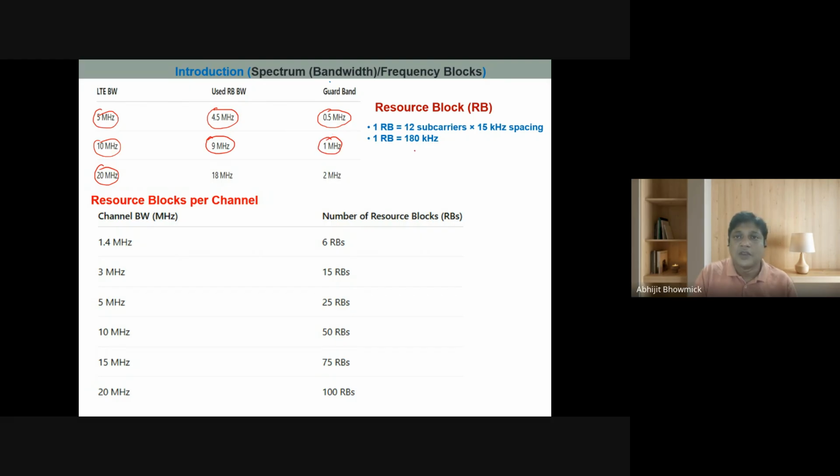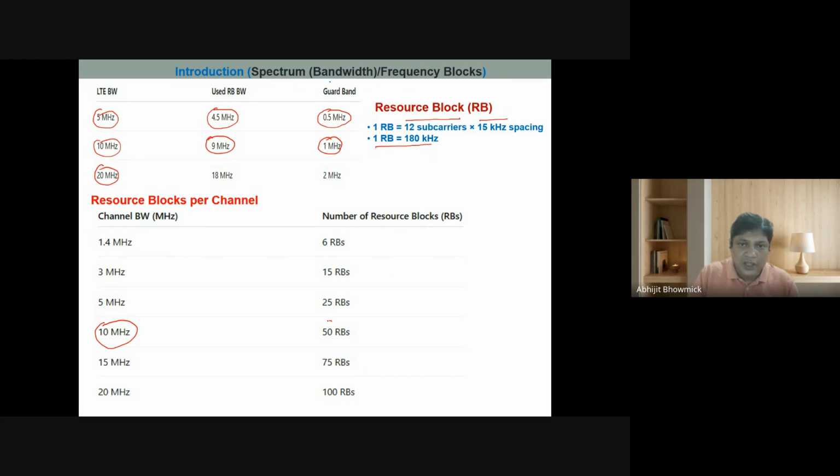Just take an example that I already told. One resource block is basically 180 kilohertz. That one resource block consists of 12 subcarriers, and each subcarrier bandwidth is 15 kilohertz. So 12 into 15 is 180 kilohertz. Say, for example, if I take the 10 megahertz LTE band, all these bandwidths are LTE channel bandwidths.